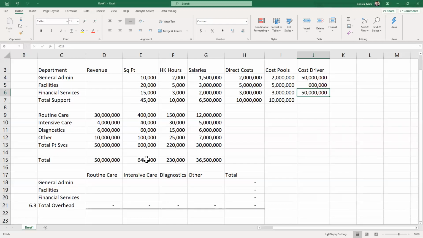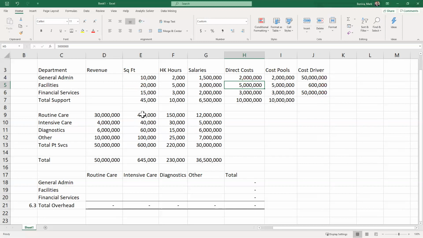Notice the total square footage for the organization is 645,000, but I am only using the square footage from the patient services areas or the profit centers, and I am ignoring the square footage from the support departments. That's because I'm going to ignore the relationship between facilities and the support departments, and I'm only going to focus, using the direct method, on allocating the facilities cost to the supported departments.